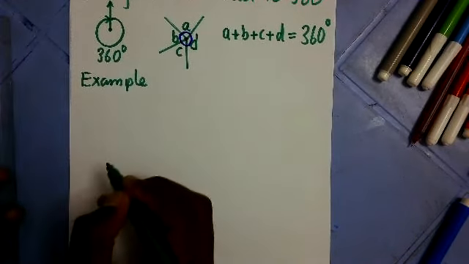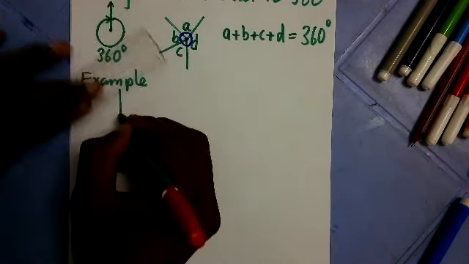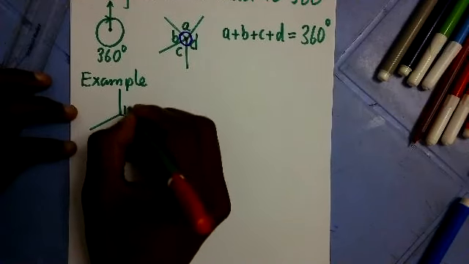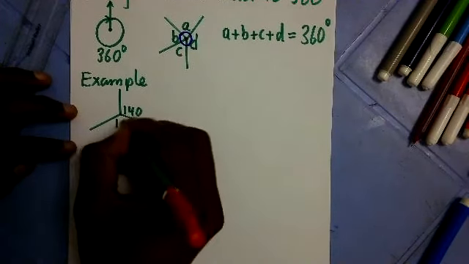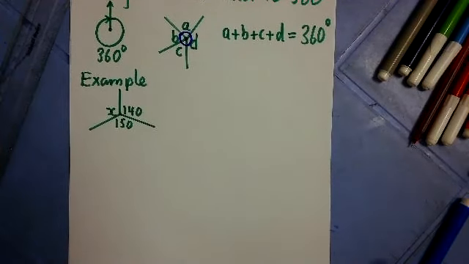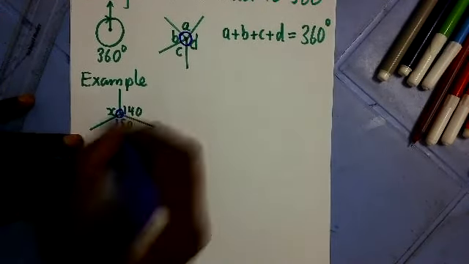Okay, so if I have a basic question, let's say 140, 150, and X. This basic question is at a point.